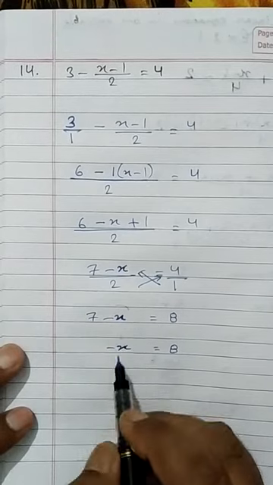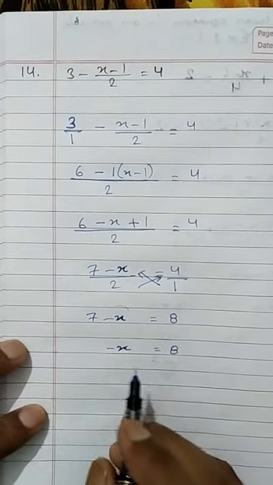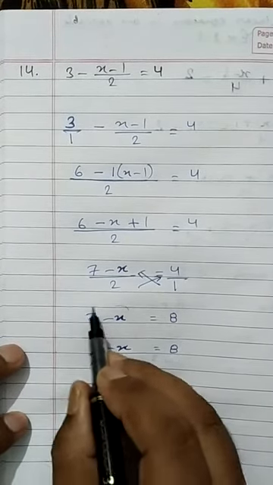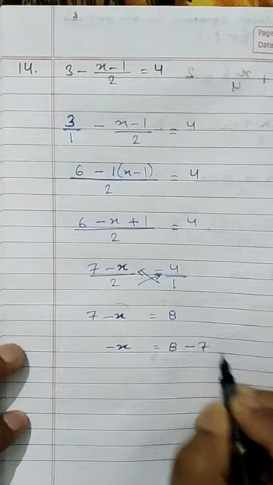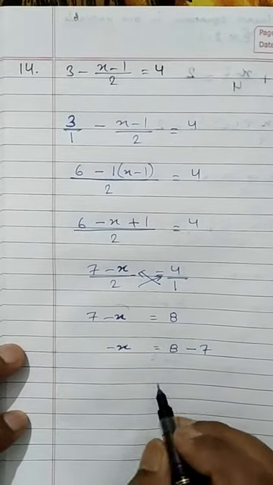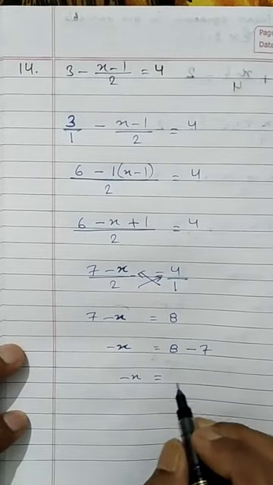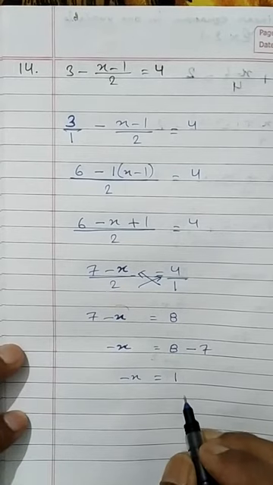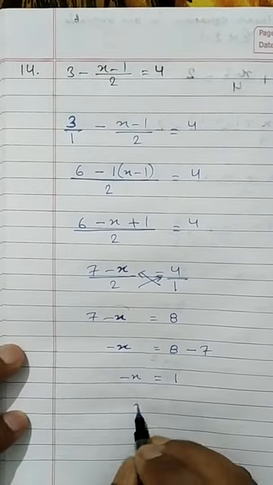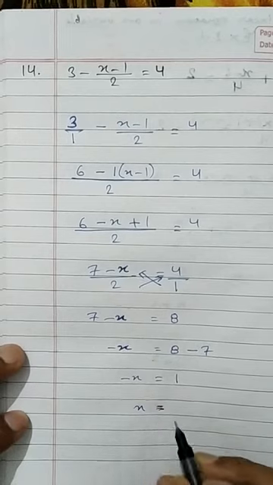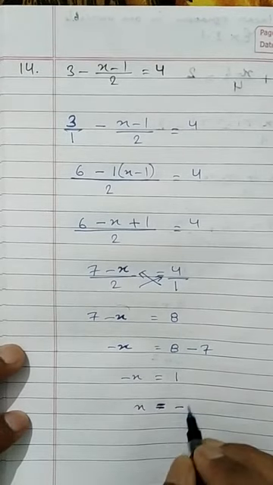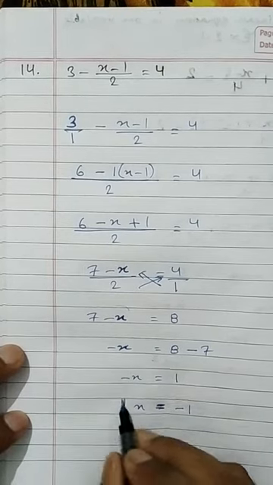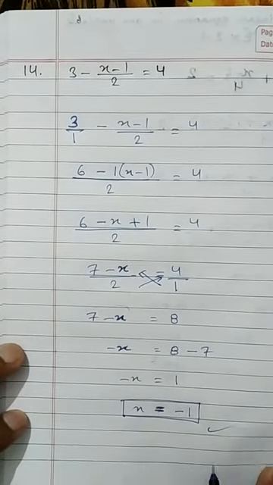Now the x term will remain on the left hand side with the sign as it is, and this constant value 7 will be transferred to the right hand side, and the sign of 7 is also changed. So minus x is equal to 1, and because we have to find the value of x, this negative sign will be transferred to the right hand side. So the value of x is minus 1.